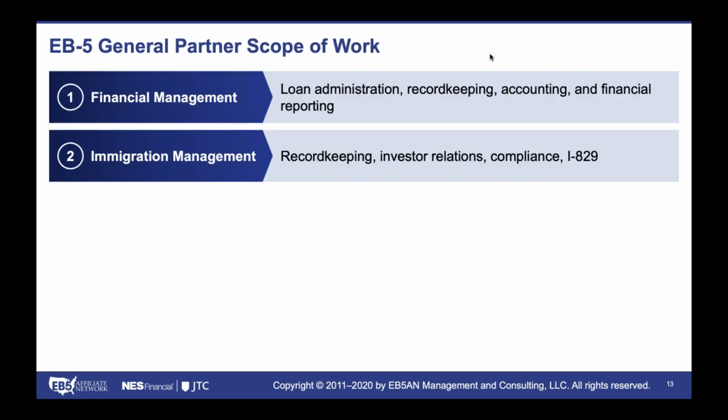So what does an EB5 general partner actually do? The key roles that the EB5 GP has are twofold. One is on financial management, and the second is on immigration management. On the financial side, the general partner is involved in the same way they would be with a typical investment limited partnership. There's administration. If it's an EB5 loan, the GP needs to administer the loan and ensure everything's in compliance.